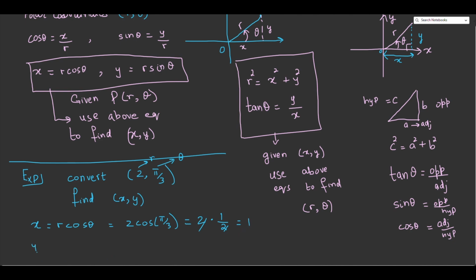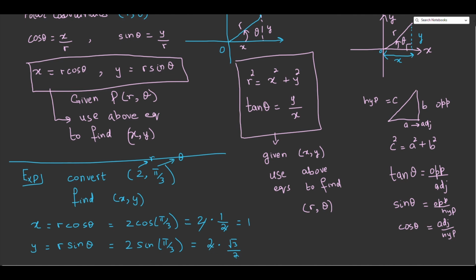Similarly we can use the second equation to find the value of y, which equals 2 multiplied by sine pi by 3, and we know that sine pi by 3 is equal to square root of 3 by 2.